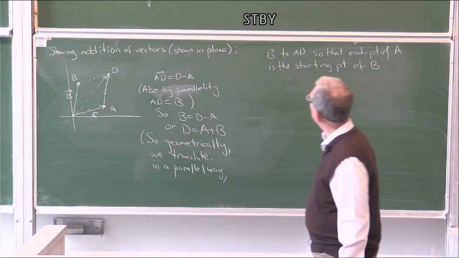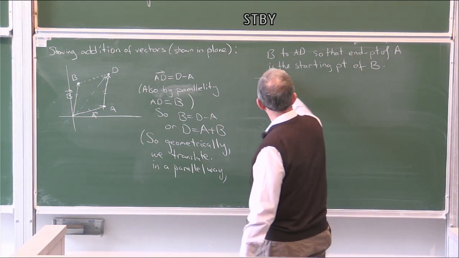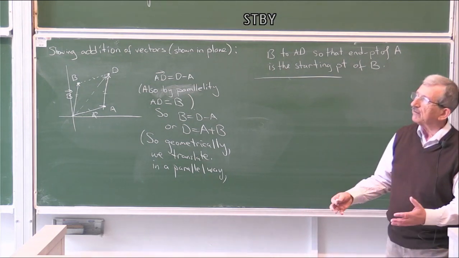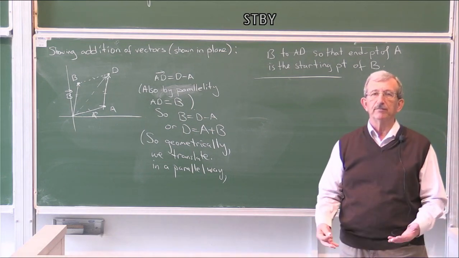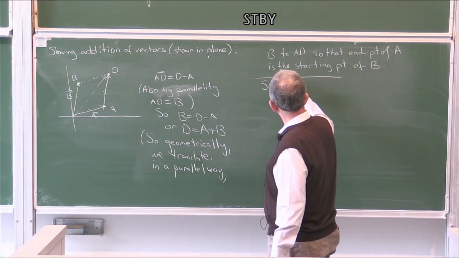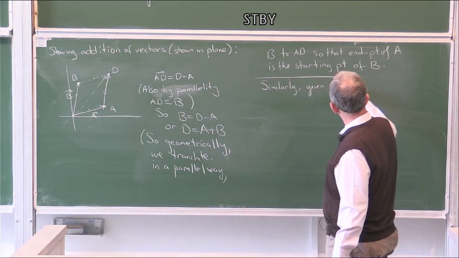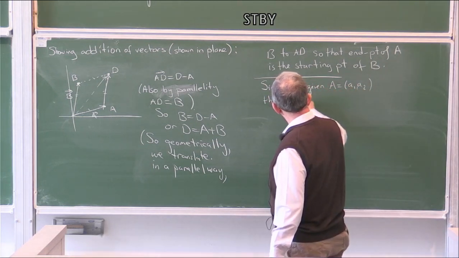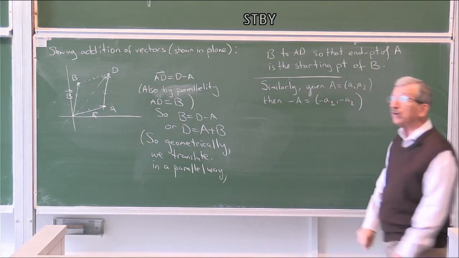Now, the geometry of addition is this. Of course, one can discuss other aspects. For example, given a vector, what is the negative of it? Or what is 1/2 of it? So similarly, given a vector A, negative A becomes minus A1 and minus A2 according to our definition.